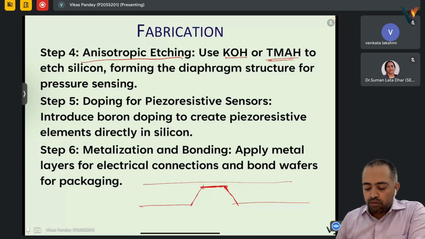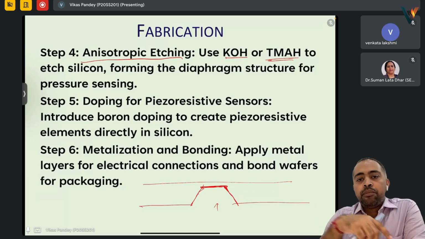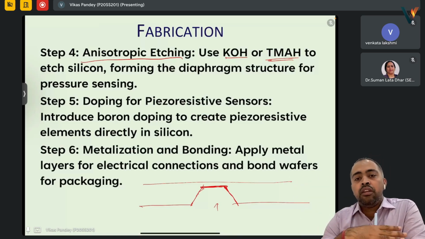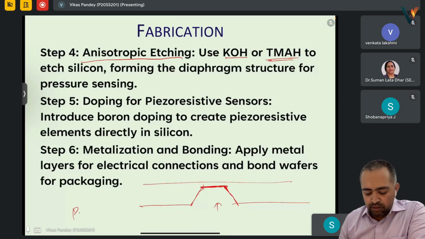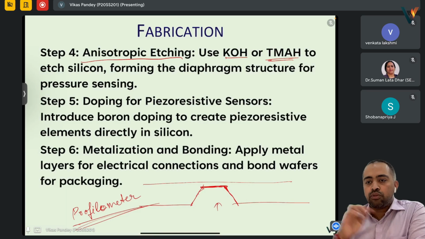Although it might look very simple when being talked about like this, it has to be monitored regularly. It will be dipped inside this etchant, and at regular intervals, you have to take it out, clean, dry, remove all the contaminants, and then go to the profilometer, which is used to measure the depth that has been created.